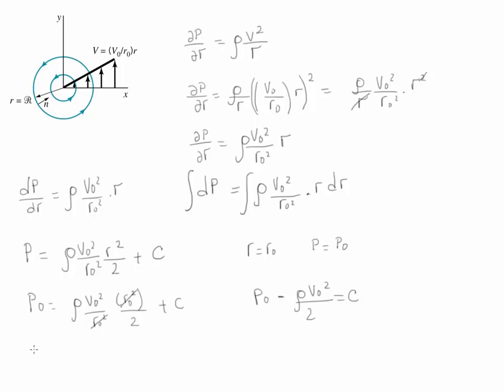Therefore, the general distribution of the pressure is going to be rho v0 squared over r0 squared, r squared divided by 2, plus the solution that we got for C, which is p0 minus rho v0 squared divided by 2.